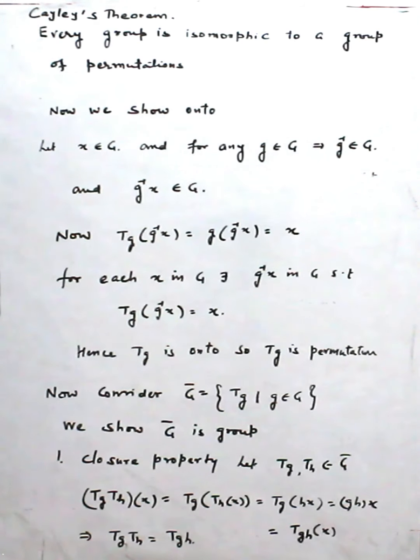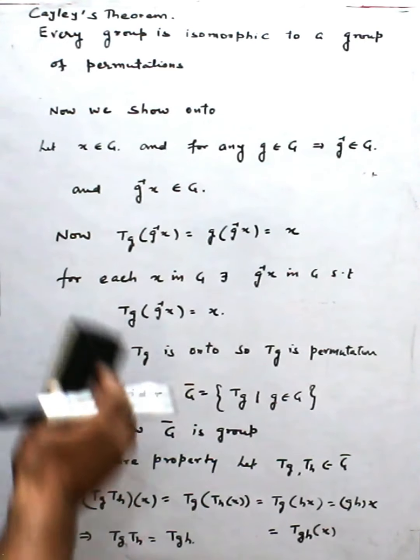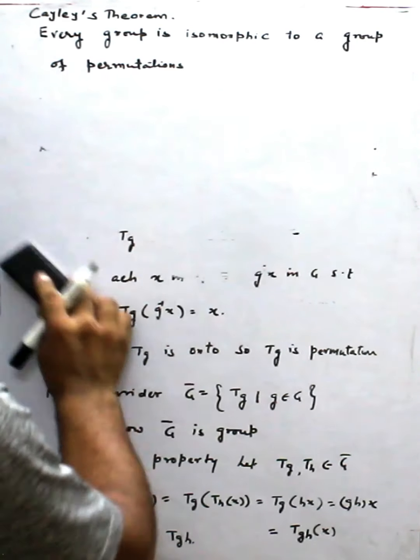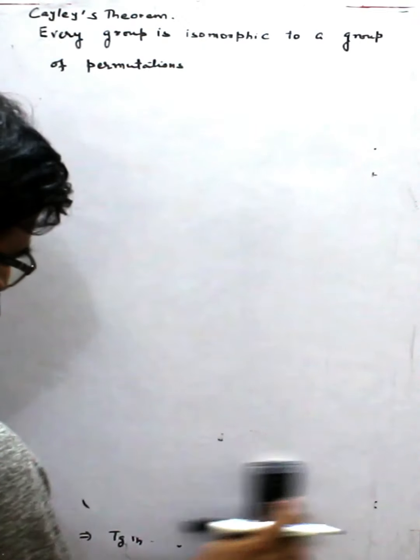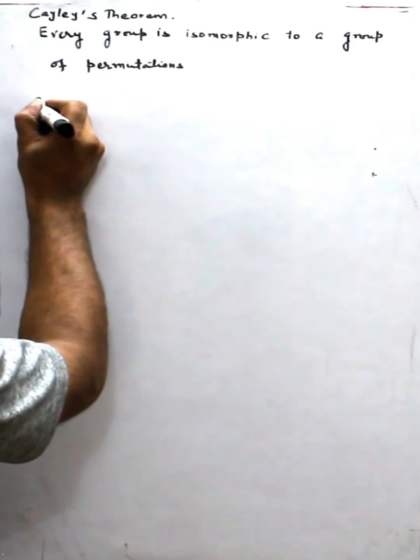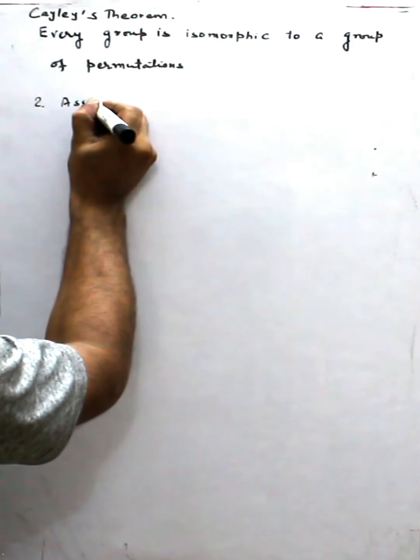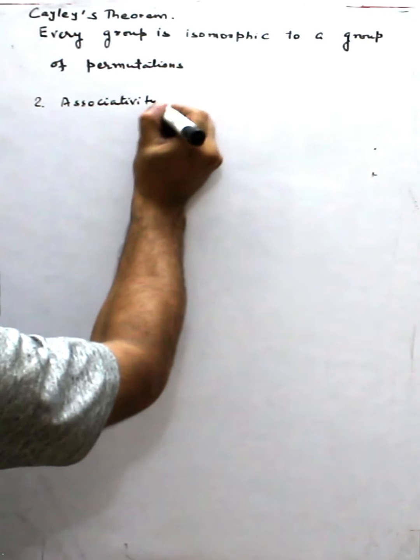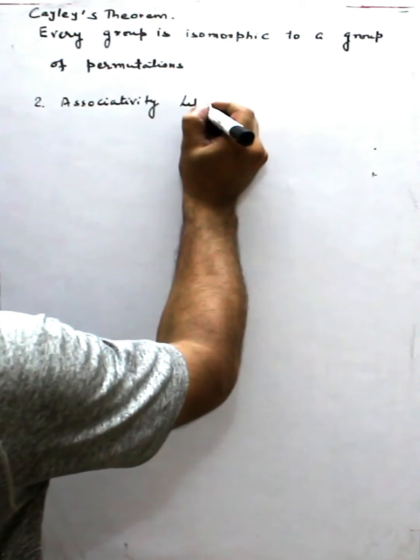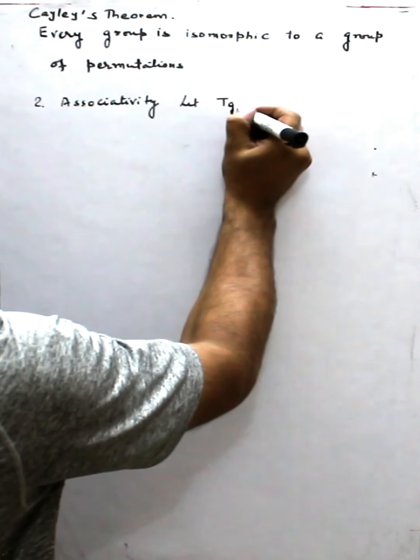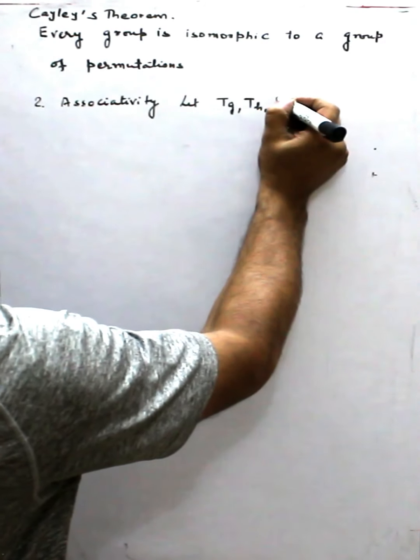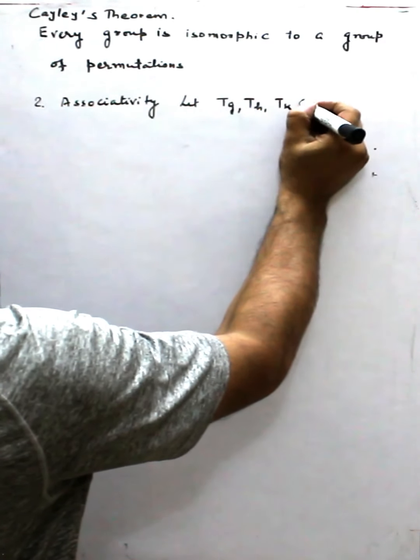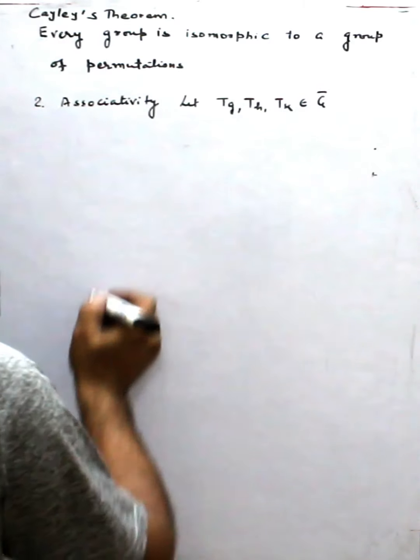Again we show associativity. It is simple. The second property is associativity. Let Tg, Th, Tk belong to G bar.